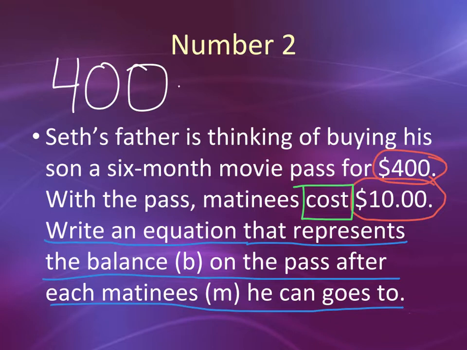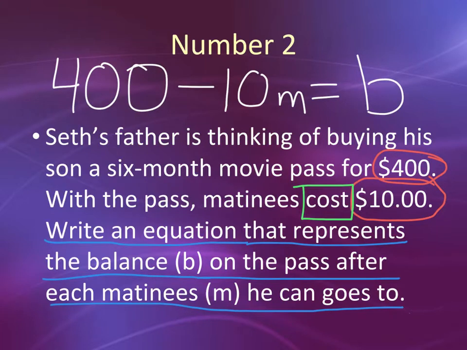It's going to take away $10 for every matinee that I go see. And once I do that, that's going to give me my total balance. So my balance is 400 minus 10M, so 400 minus 10M equals B. Starts at $400 on my pass. Every matinee I go see costs me $10 for my final balance.